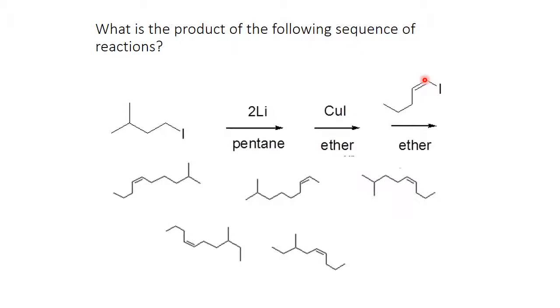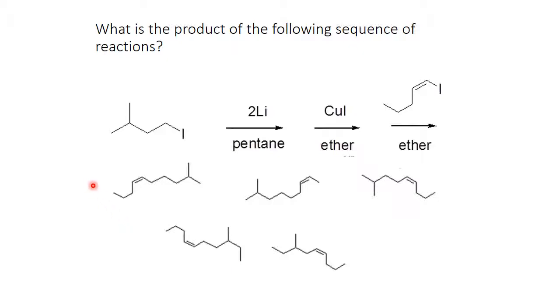So let's see if we can find that compound somewhere there. You would have 1, 2, 3, 4 would be the double bond, and then 5, 6, 7, 8, 9 with a methyl group. So let's go ahead and look and see if we can find it.